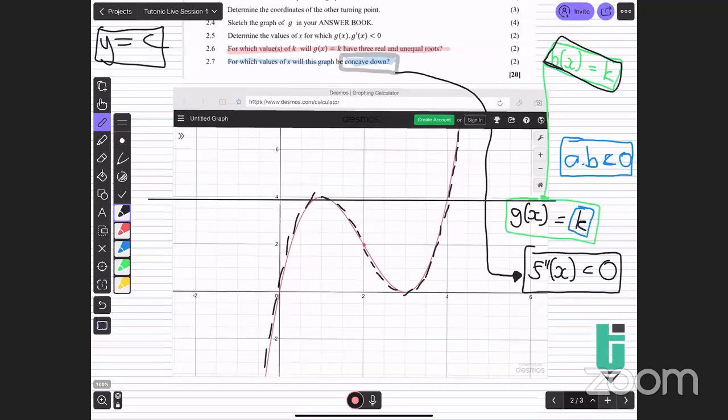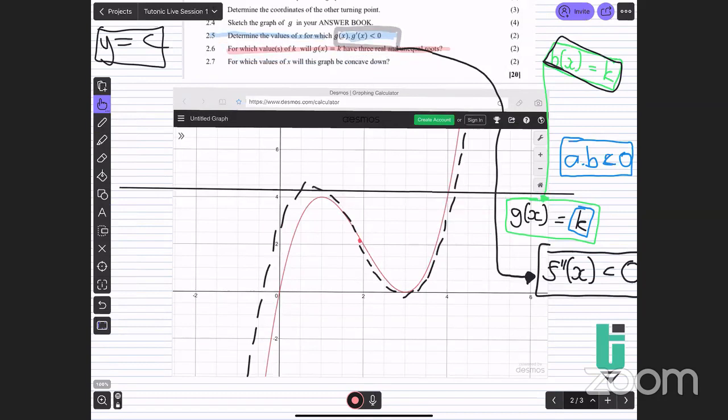Where's the graph below the tangent? Which x values? Isn't it from 0 to 3? No. What about 2?